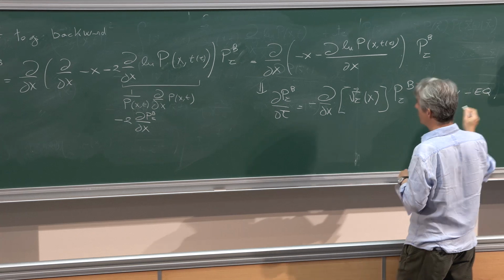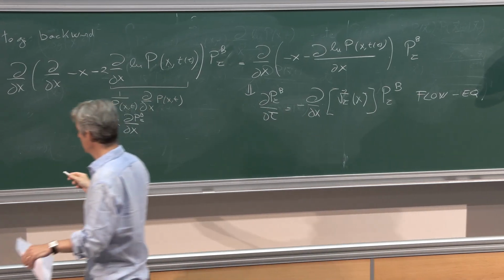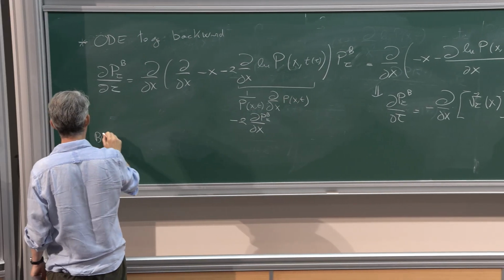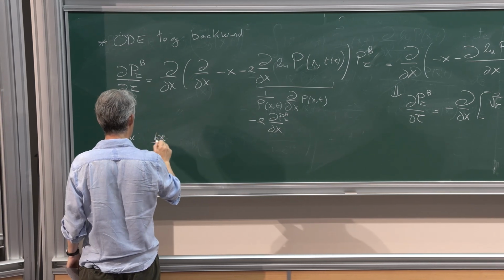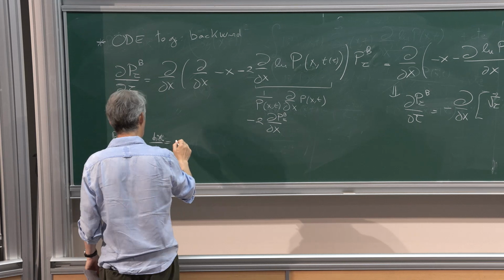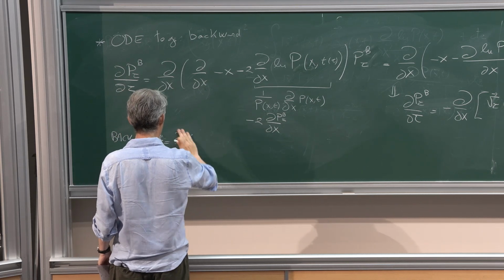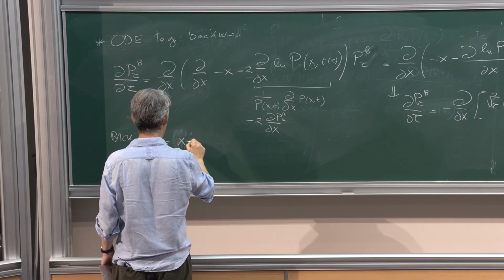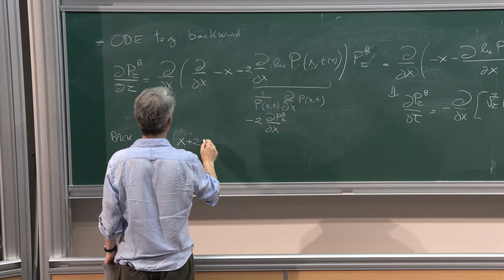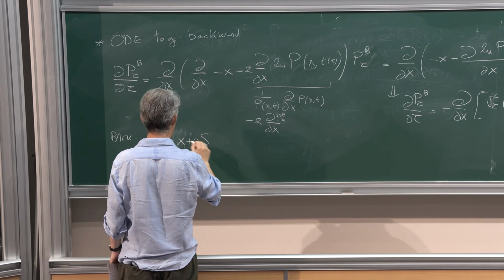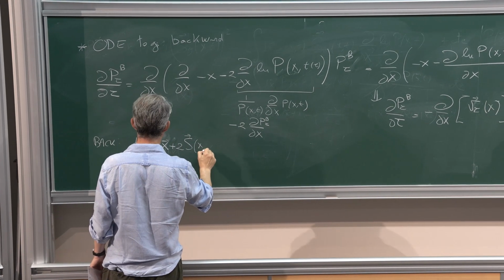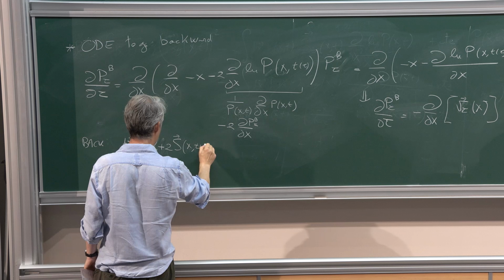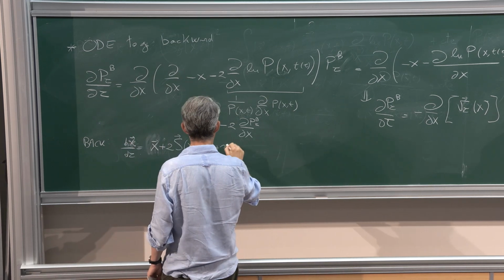So which means that to go backward, I can go backward in two ways. I can go backward using the Langevin equation, which is dx d tau equal to x plus twice the score s of x and t of tau, plus noise.